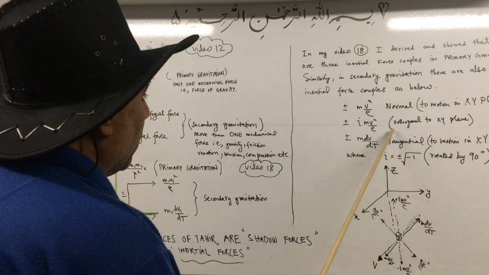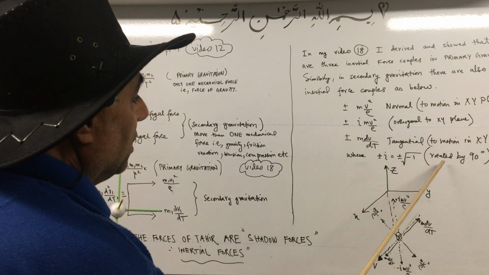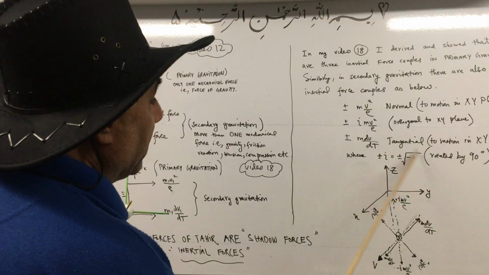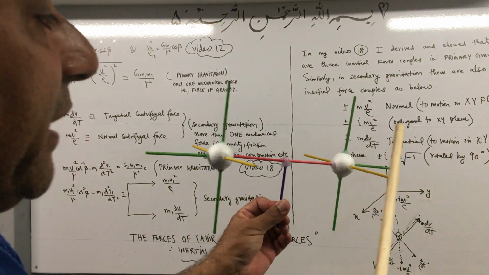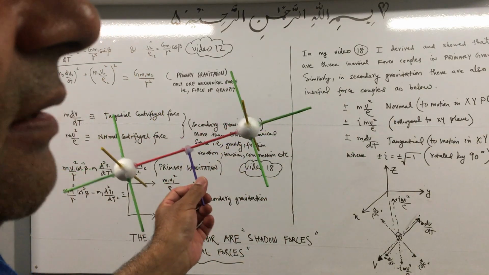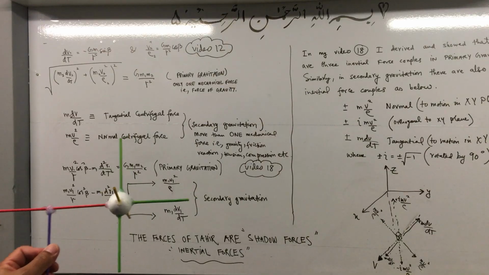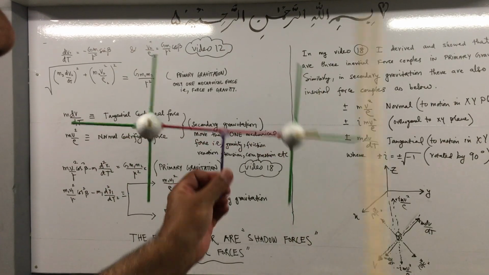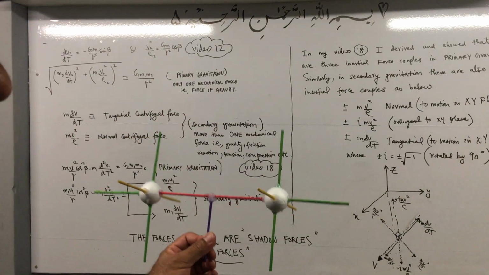At 90 degrees, or orthogonal to the xy plane, is mv square over r. This is rotated by 90 degrees, the square root of -1, just to show that it's a rotated force. This one is always perpendicular to the plane swept by the radial line. Whatever plane that radial line is sweeping, this couple will always be orthogonal to that plane.